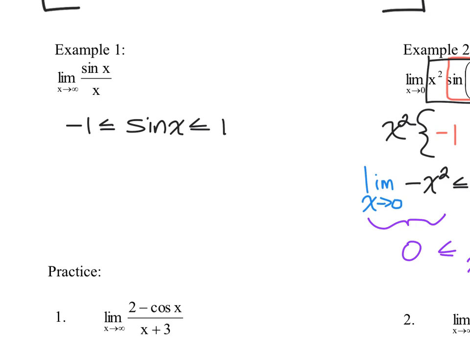A reasonable piece of information, some known fact. Now we just want to manipulate this expression. By the way, there's a way to do it that doesn't involve starting with the sine function, but we'll cross that bridge when we get to some of the practice examples.